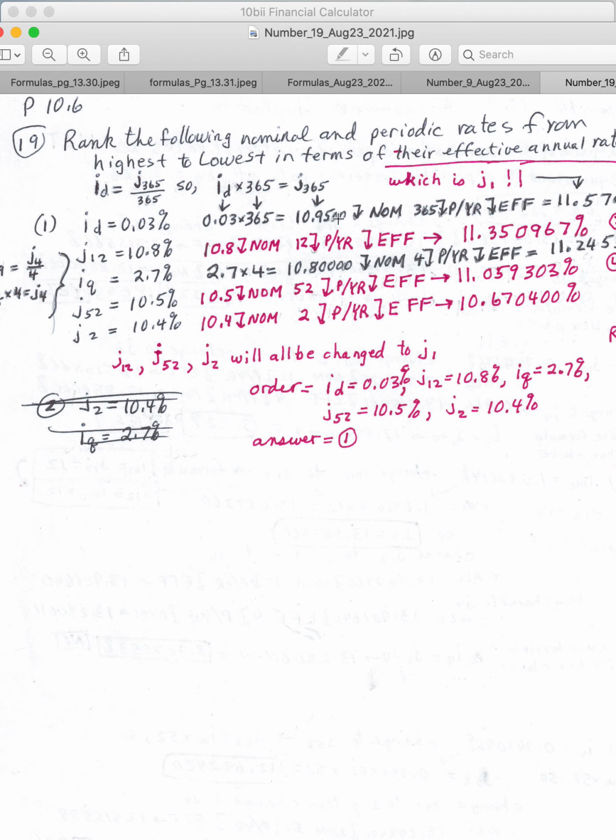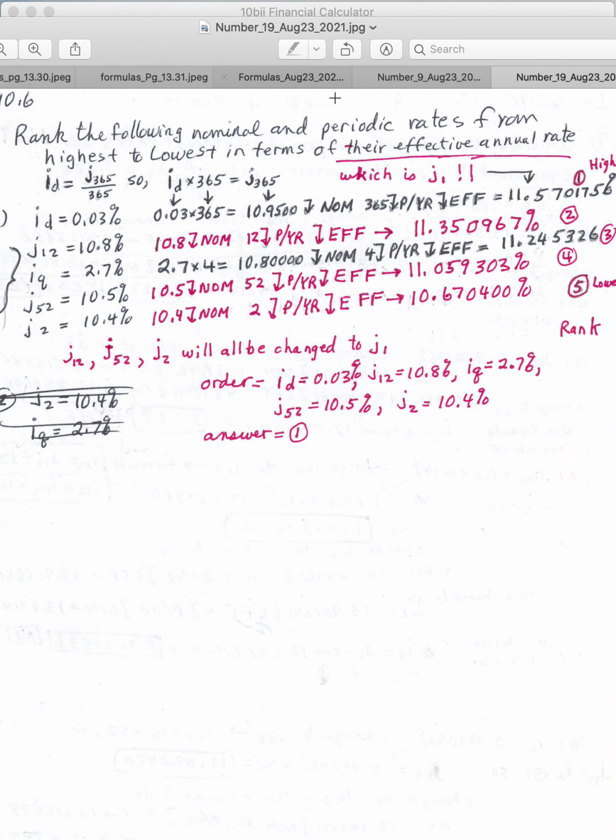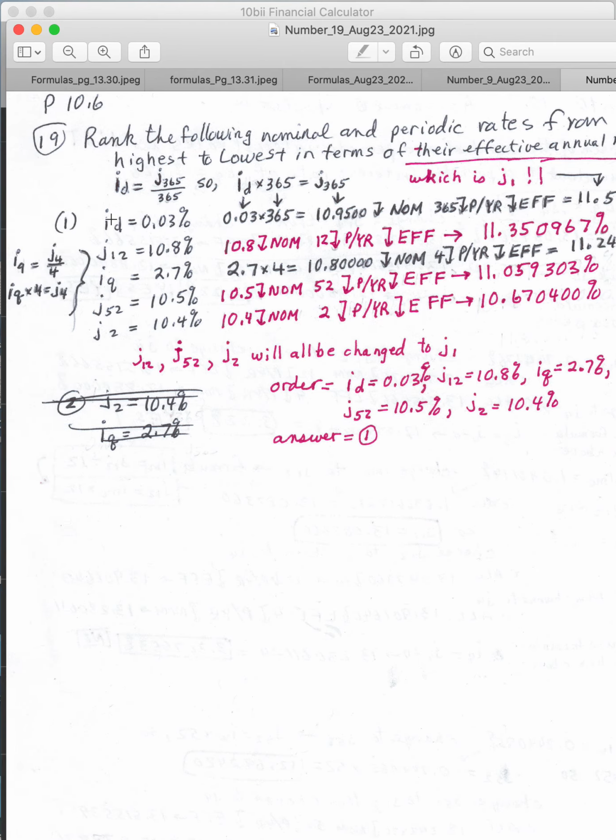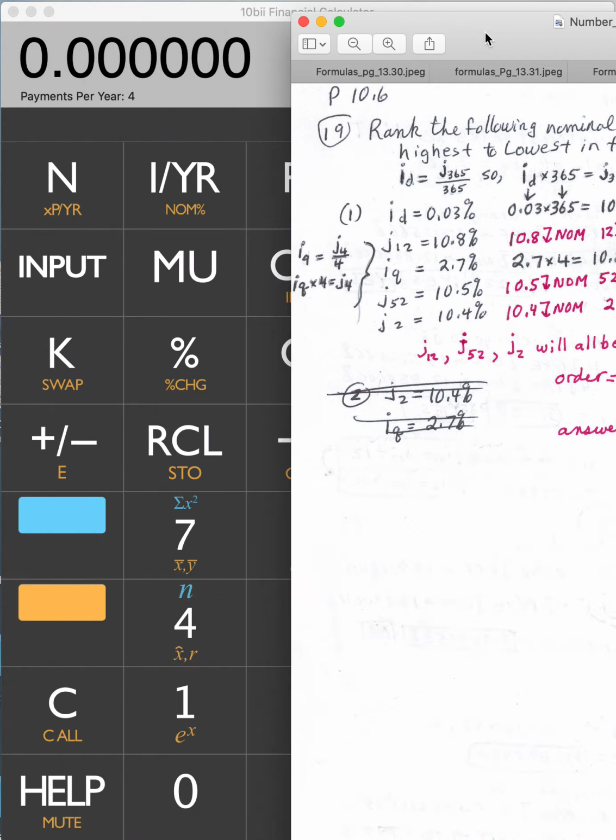I'm going to put that in as the nominal, put in 365 per year, hit effective, and that's all I have to do, because once I hit effective, I've got J1 at 11.57. Anything with the interest per day, I'm going to do those ones that I've written in black here first, and then come back and do the ones in red.